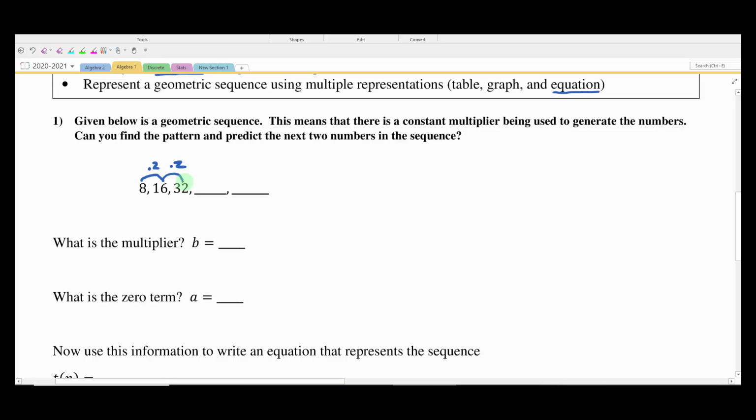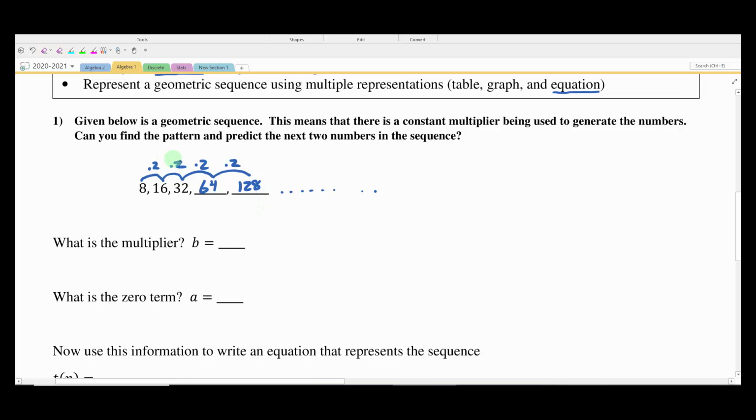We can use that pattern to help us predict the next two numbers in this sequence, and this sequence would keep going forever. So 32 times 2 is 64. And if I multiplied by 2 one more time, we would get 128.